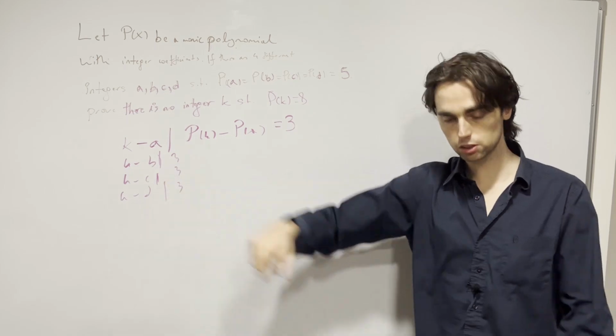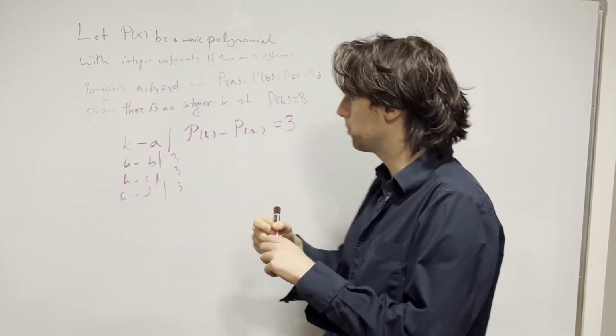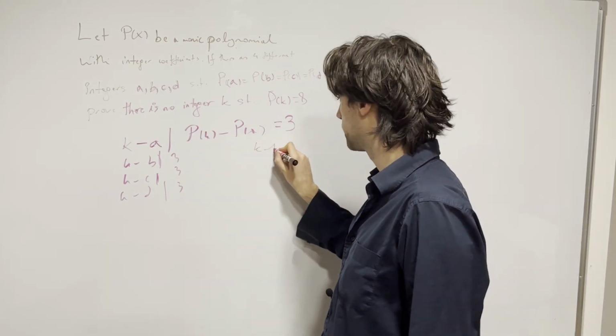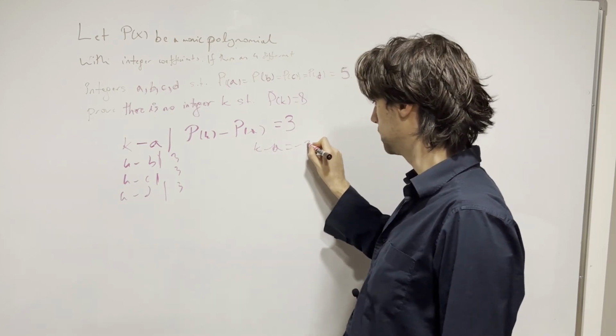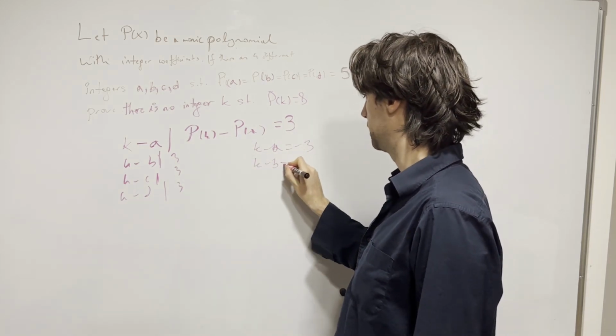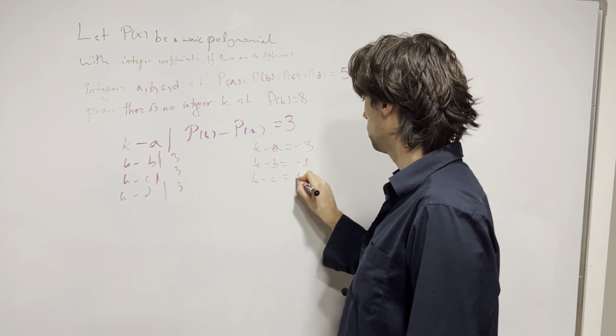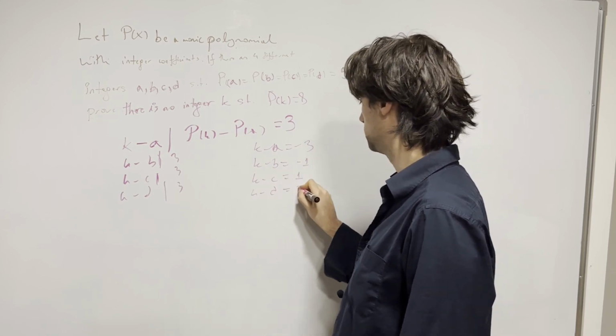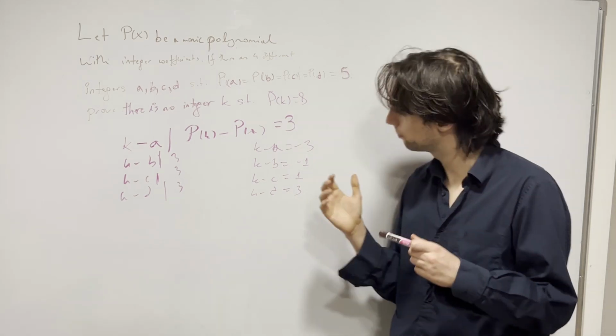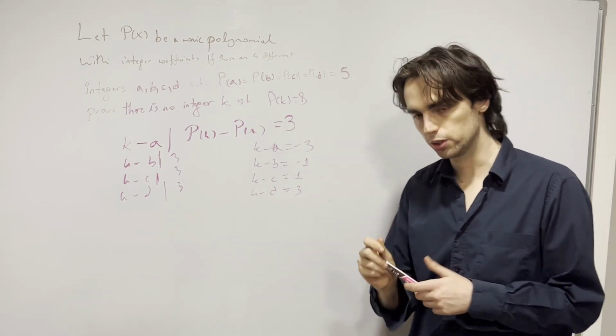So all of these are different, and without any loss of generality, we can say k minus a is minus 3, k minus b is minus 1, k minus c is equal to 1, k minus d is equal to 3. They're all different. Now what do we do?